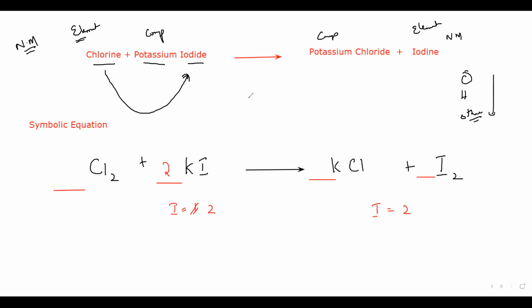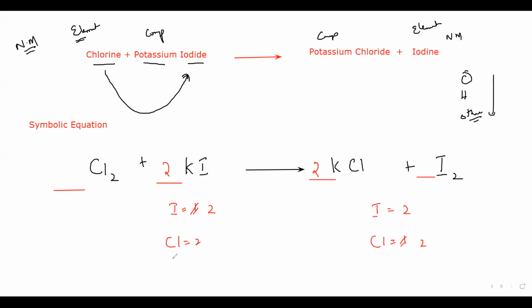balanced. Now for chlorine, when I check, on the right hand side we have 1 chlorine. On the left hand side it is Cl2, meaning 2 chlorine. The side where we have the smaller number, there we balance. What should be the number to balance chlorine here? That's 2 again, good. We put 2, chlorine is balanced as well.